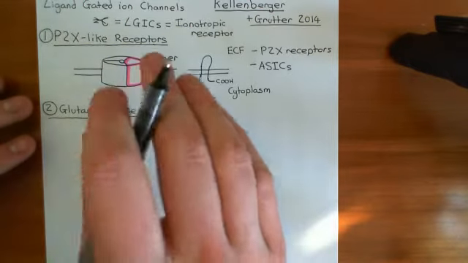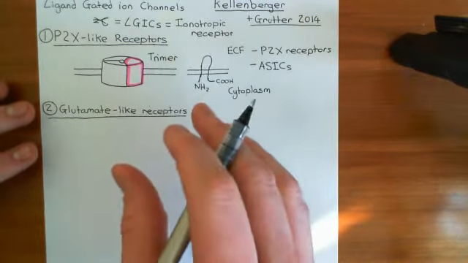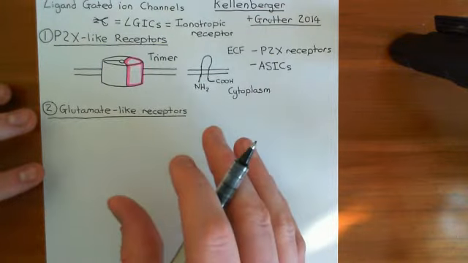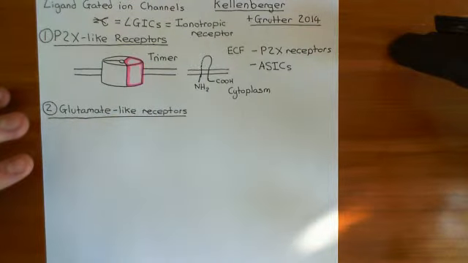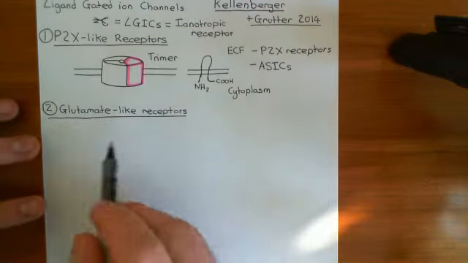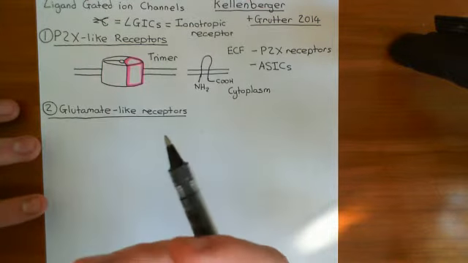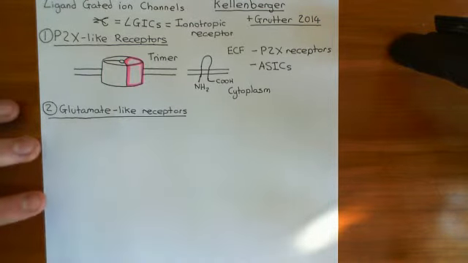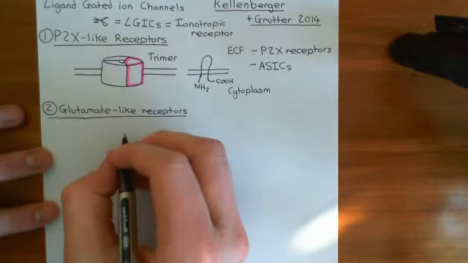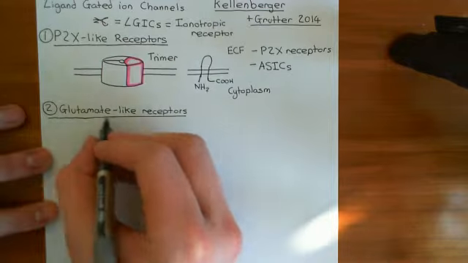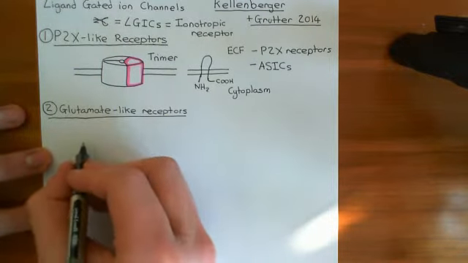There are glutamate receptors which are indeed ligand-gated ion channels, often called ionotropic glutamate receptors, and those are the main ones that govern excitatory neurotransmission within the brain, basically. Okay, but there are also what are known as the metabotropic glutamate receptors, which are G-protein coupled receptors. Okay, and they're not of interest to us here because we're studying ligand-gated ion channels. Okay, right, so the glutamate receptors are not the only members of this family, however.